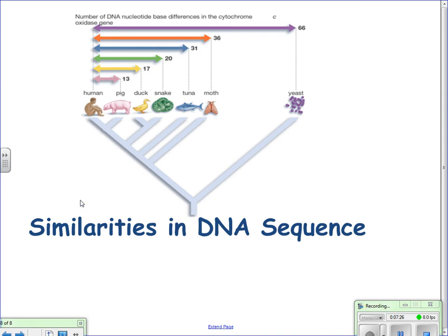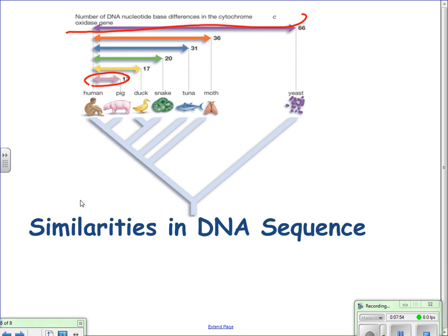And finally, now that we understand a little bit of DNA, the human genome has been sequenced, we can look at similarities in DNA. And this is looking at a particular gene, the cytochrome C oxidase gene. But the important thing to note is that the difference in the number of nucleotide bases in some organisms is very small. So if we compare a human and a pig, there's only 13 bases difference.